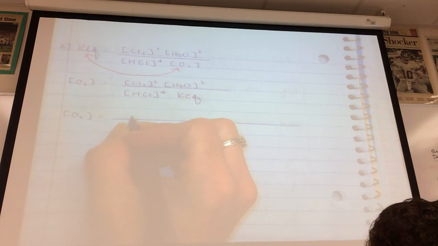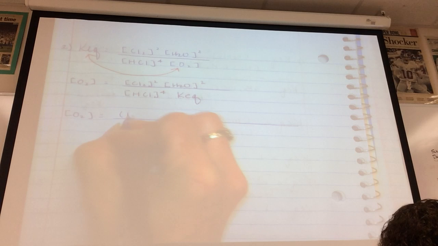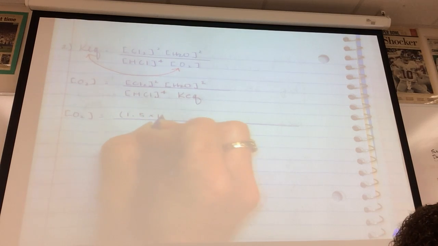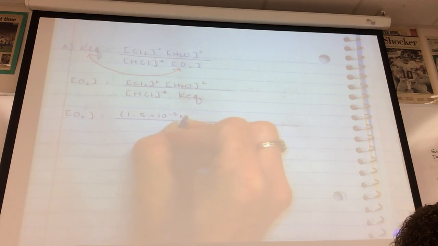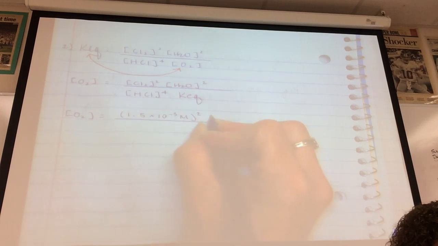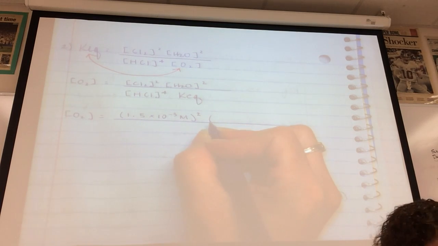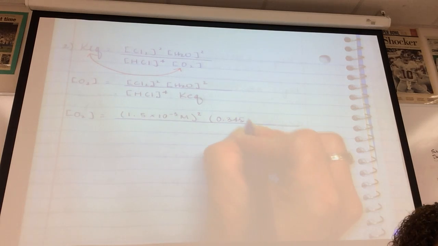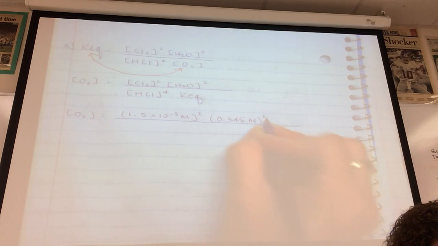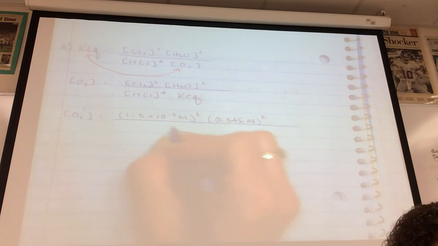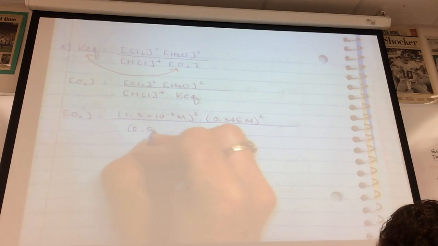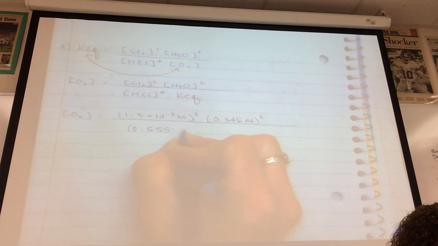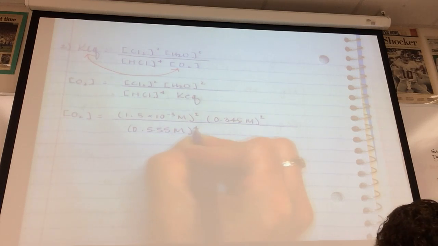So we've got chlorine gas is 1.5 times 10 to the negative 3 molar. That's squared. 0.345 molar squared. 0.555 molar to the 4th.